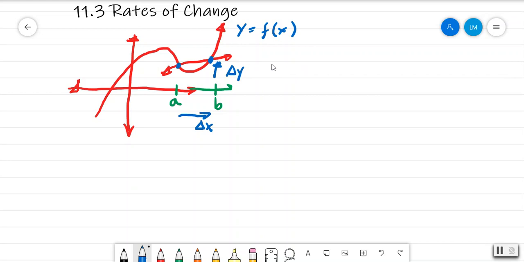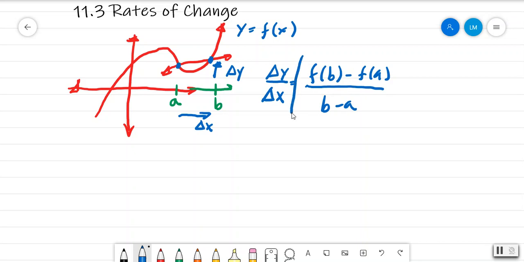So that's more or less me trying to find delta y divided by delta x, and basically we find that the delta of y is f of b minus f of a, all divided by b minus a.